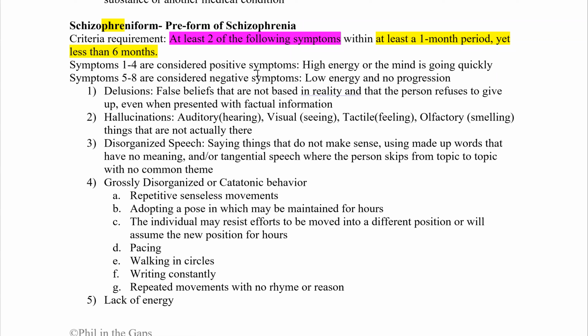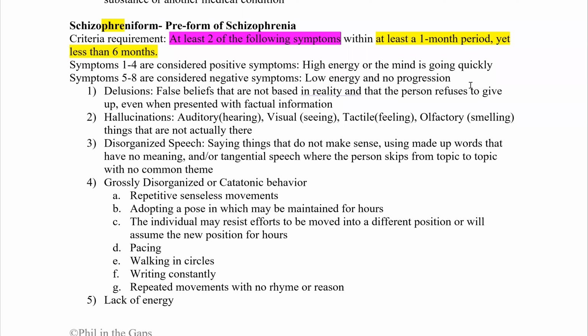And symptoms 1 to 4 are considered positive symptoms. An easy way to remember this is to think of somebody that's positive. They're upbeat, they're high energy, and their mind's going 100 miles an hour. This is where a lot of times people are like, well, what's the difference between positive and negative? Negative symptoms, think of low energy, and somebody that's negative, they're not really progressing in their situation.